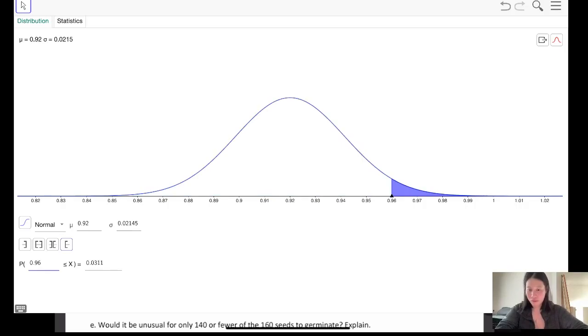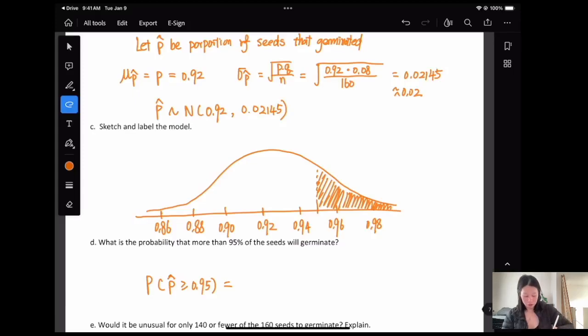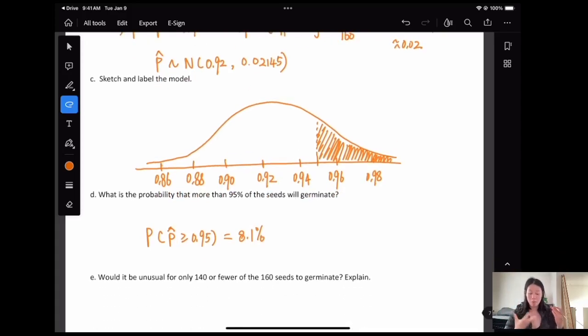So 95% gives 8.1%. So that means there is an 8.1% chance that more than 95% of the seeds will germinate.